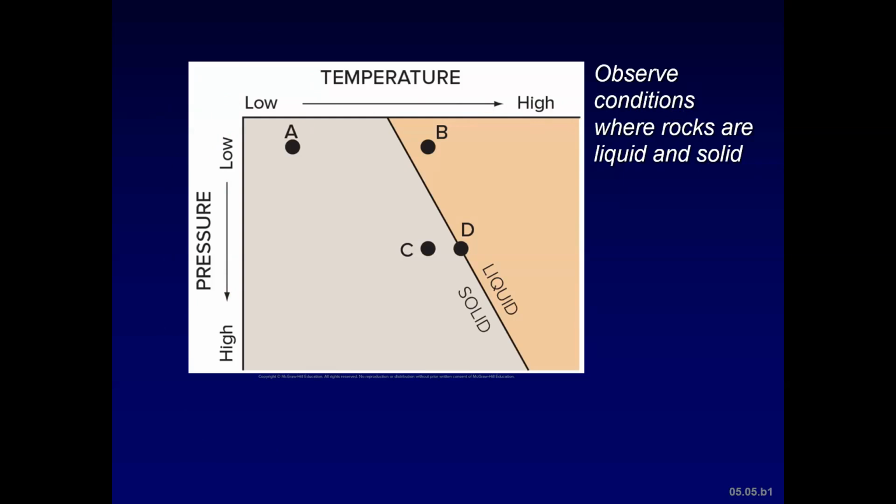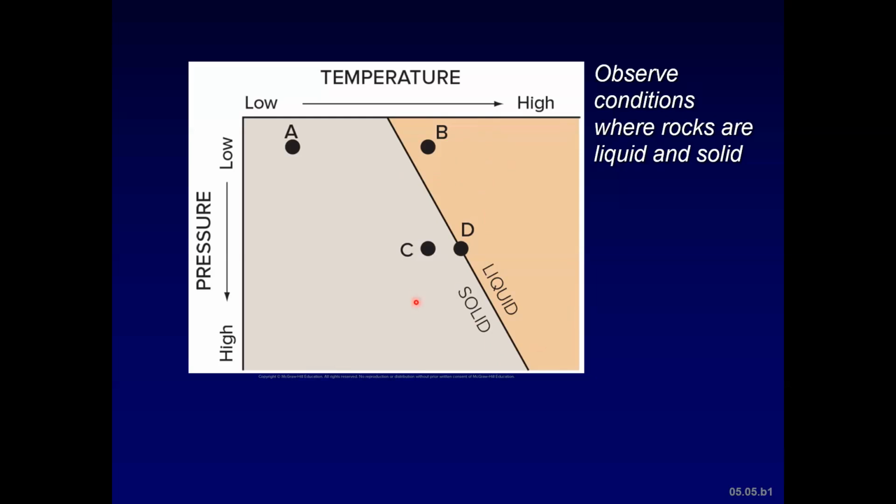The line slopes down to the right because higher temperatures are needed to melt a rock under higher pressure. So all of this area is representing a solid rock, like points A and C are solid. Point D is the transition between liquid and solid, and B is a liquid rock. The position of the line depends on the composition of the source rock.